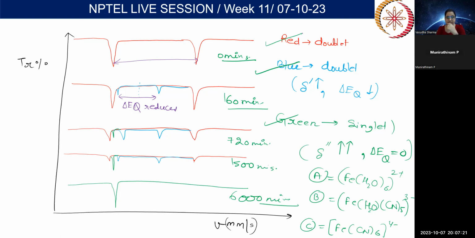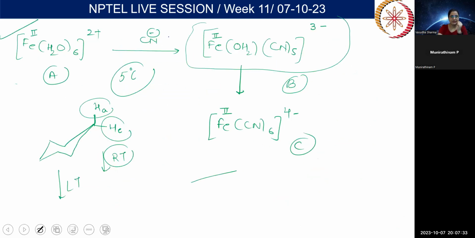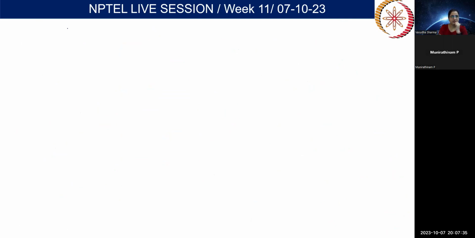And if you see carefully, tell me one more thing: this is having delta double dash, this was having delta dash, and this is having delta. And I said for the A, B, C complexes, delta, delta dash, delta double dash, this is more negative.